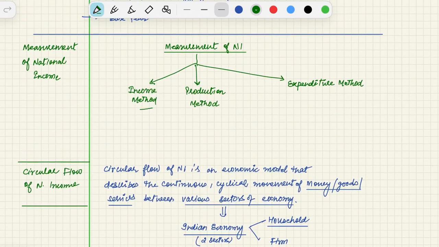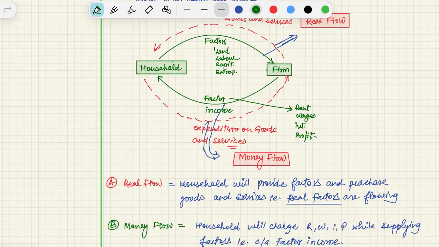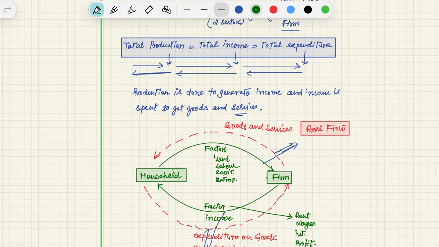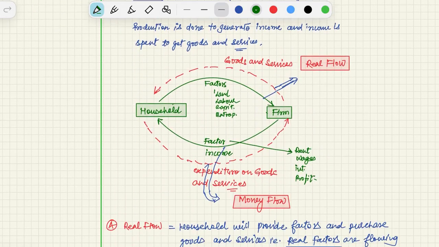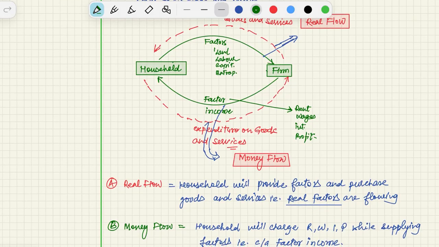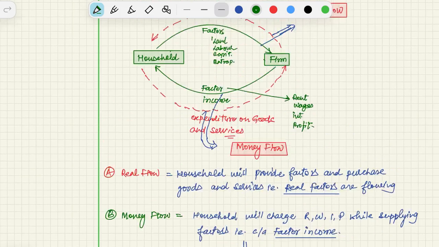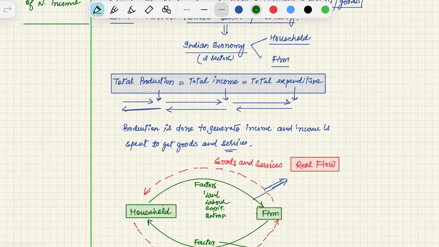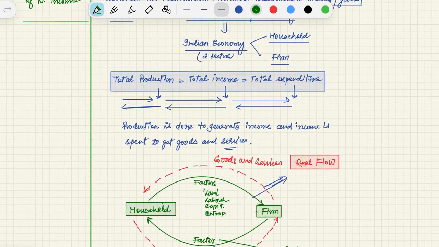One is the income method, second is the production method, and third is the expenditure method. I will talk about each and every point. Why have we discussed the circular flow of income from household to the firm and firm to the household? Because whatever production is taking place is generating income, and income is spent to buy that product or goods and services.